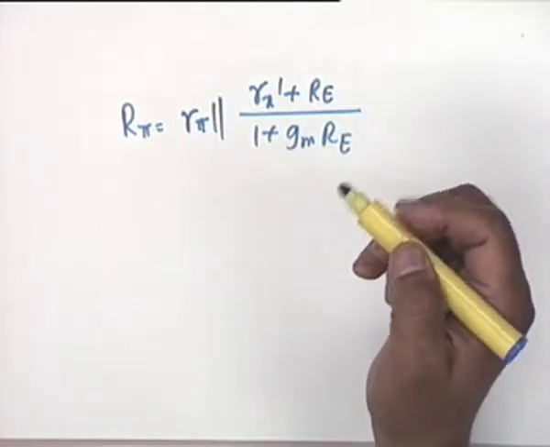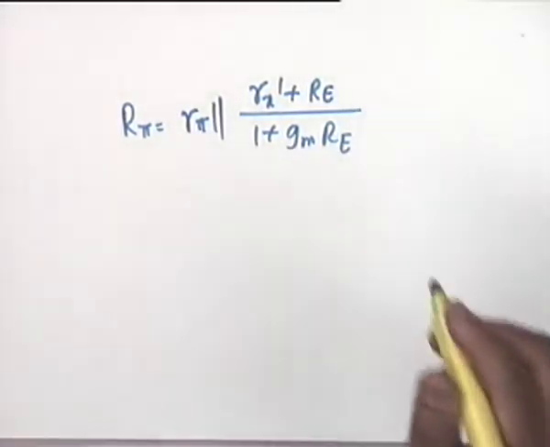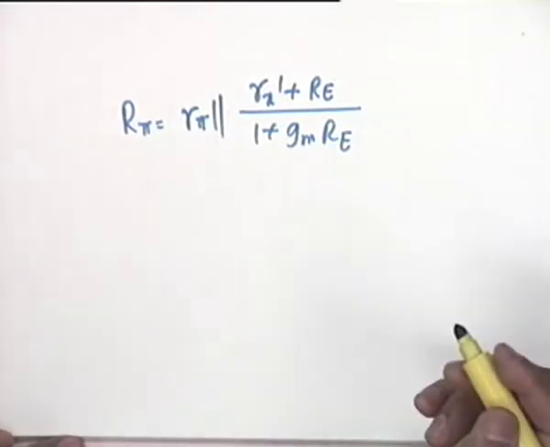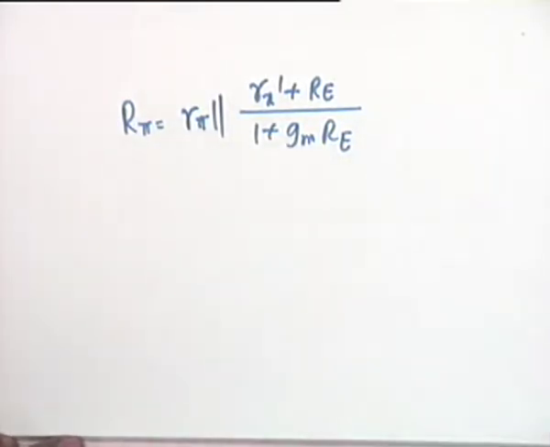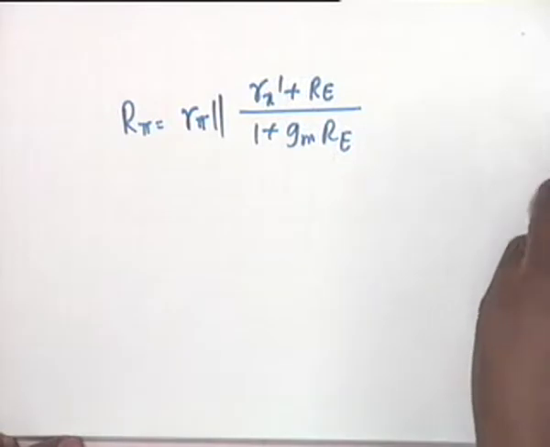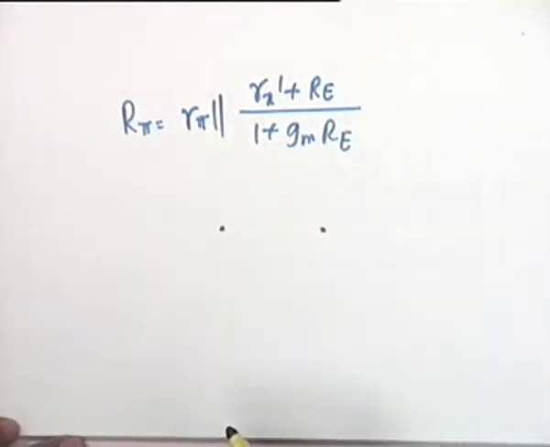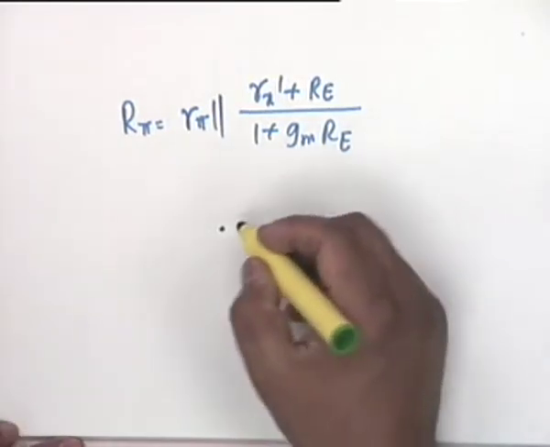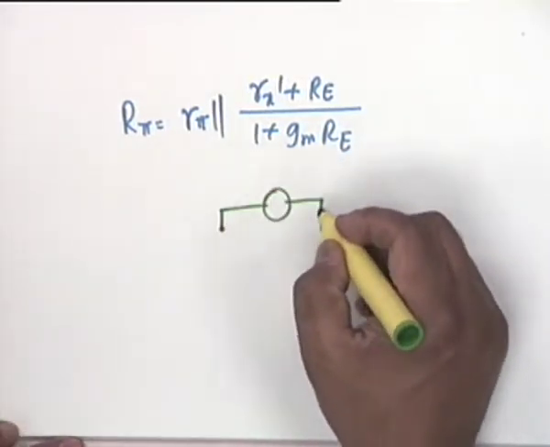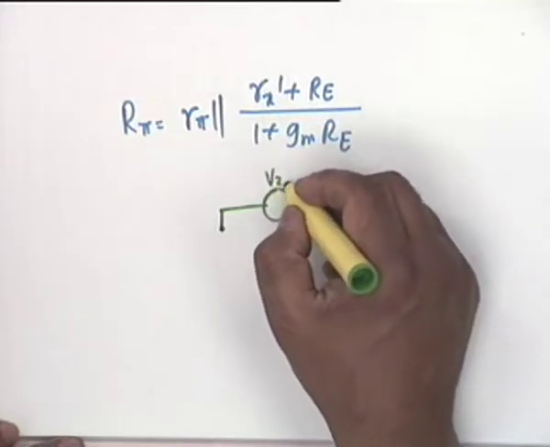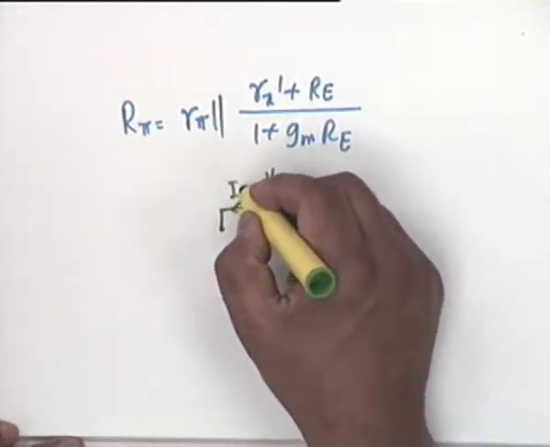Next, the calculation of R mu. For the calculation of R mu, once again no elaborate procedure is needed. All you have to do is across R mu, across C mu, you connect a voltage source. Call this a V2 and let the current be I2.